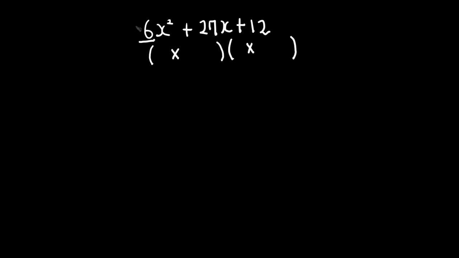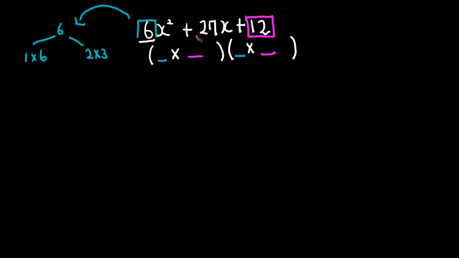But the coefficient of the x squared term is 6, which means these terms should be factors of 6. The factors of 6 are, at first, 1 times 6, and second, 2 times 3. And for these numbers here, if you multiply them together, we get 12, and if we add them, we get 27x.